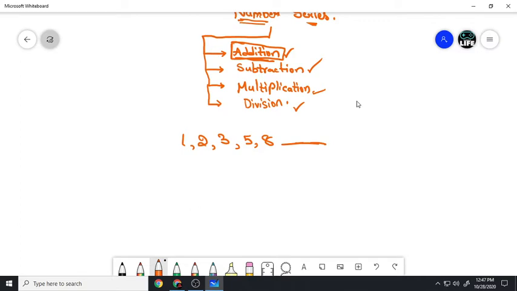I hope you know alternative series. Check for these two and these two and these two. What is the difference between these two numbers? It's 3. What is the difference between these two numbers? 3. What is the difference between these two numbers? 3. So what can you conclude now? What should be the difference between these two numbers? It will be 3. So 31 plus 3 is 34, which is the answer.